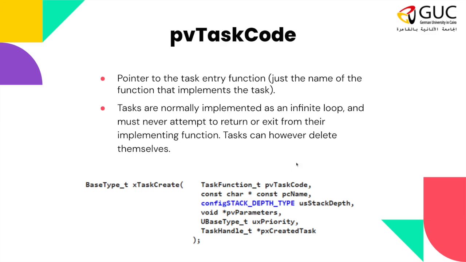Okay, so here the first parameter will be the task name, or actually the name of the function that you already implemented and you want to make it a task. We'll be seeing examples at the end, after I finish describing all of these parameters, on how to initialize tasks.